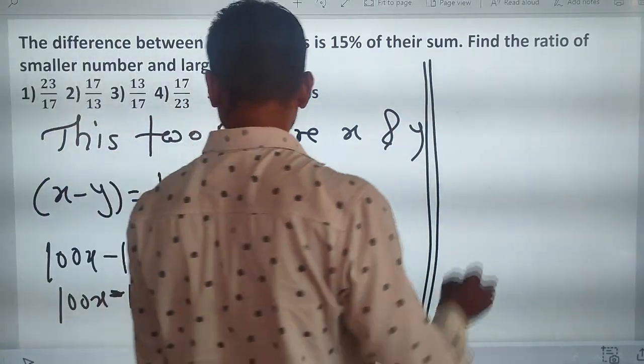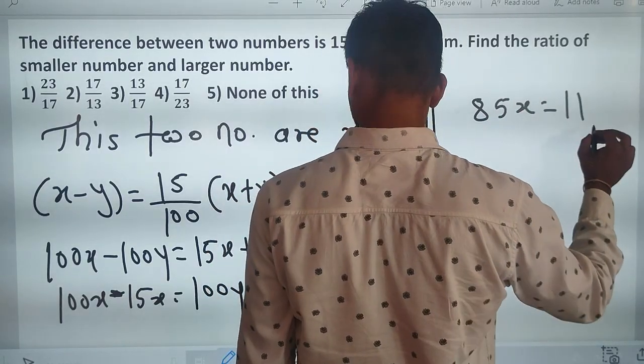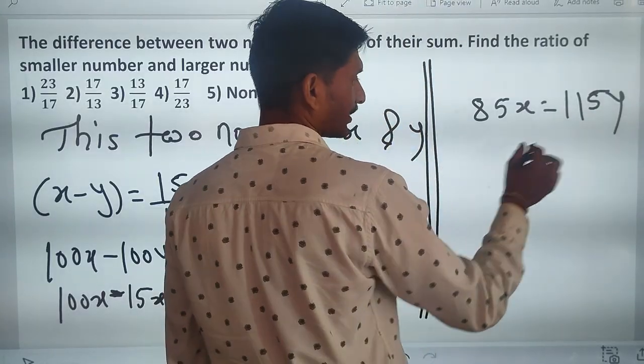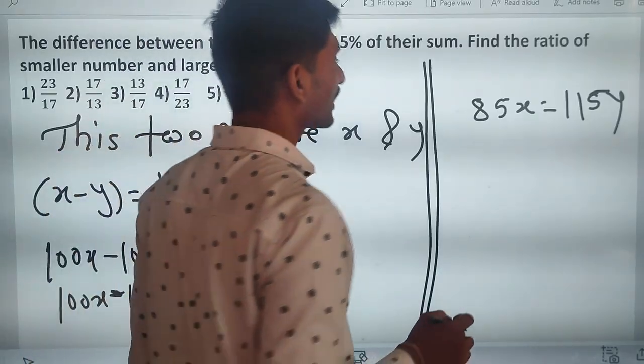Now here we find the ratio of the smaller number to the larger number.